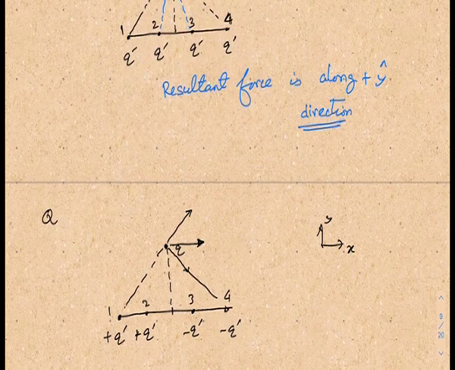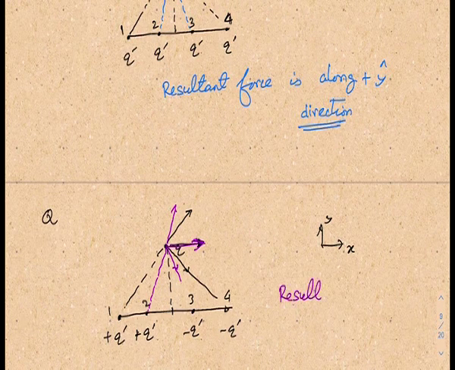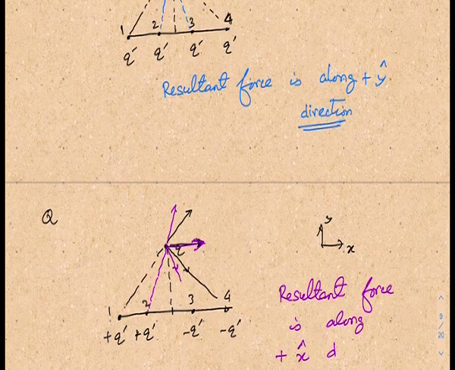This would be along this direction, and because of position 3, it would be along this direction. Here also no issue. So the resultant force in this case is along the plus x cap direction.